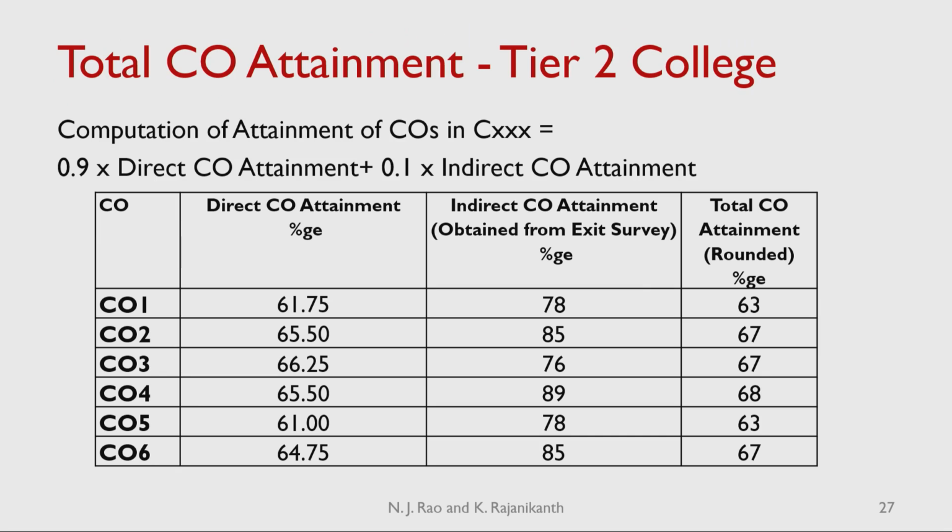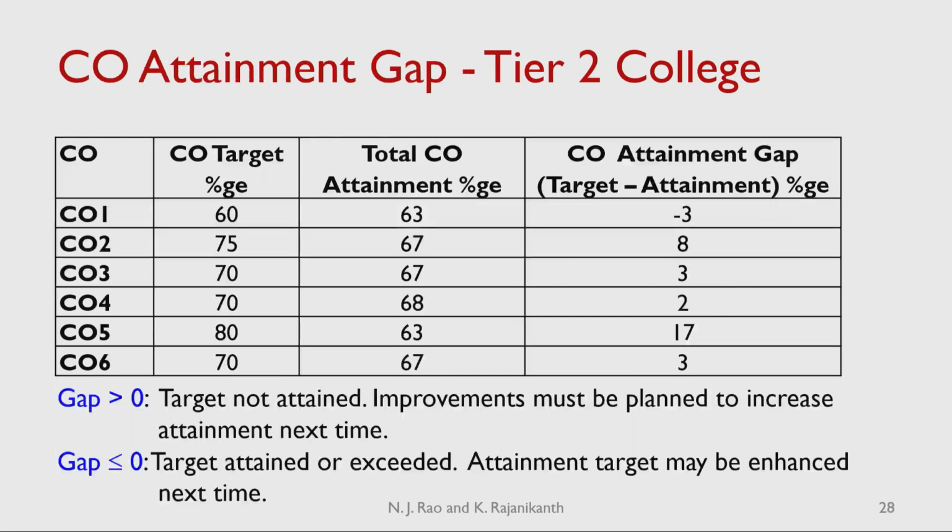That in turn is combined with indirect CO attainment value obtained from the exit survey, and that gives us the total CO attainment as a rounded percentage shown in the last column. This entire process is quite similar to what we followed in Tier 1 college.